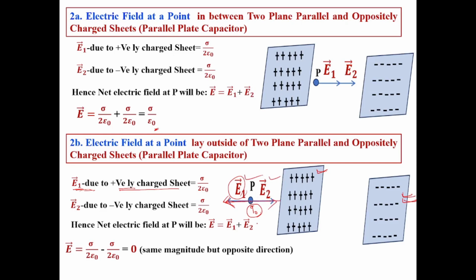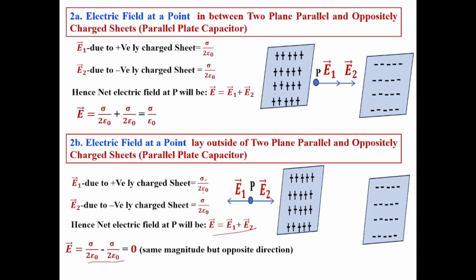And as we know, the electric field intensity magnitude due to a single charge sheet is sigma by 2 epsilon 0. So due to the positive sheet it is sigma by 2 epsilon 0, and due to the negative sheet it is sigma by 2 epsilon 0, but both are opposite to each other. If I add them vectorially they cancel each other, that means this value will be subtracted from this value.